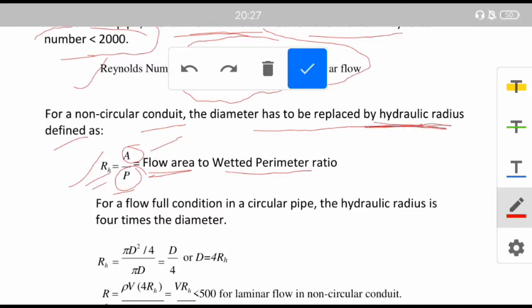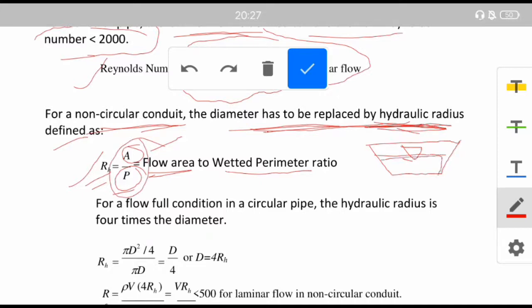Using this hydraulic radius, we replace the diameter of a non-circular conduit. Suppose the conduit is somewhat trapezoidal, a channel or even a pipe like this, we use the term hydraulic radius, that is A upon P.